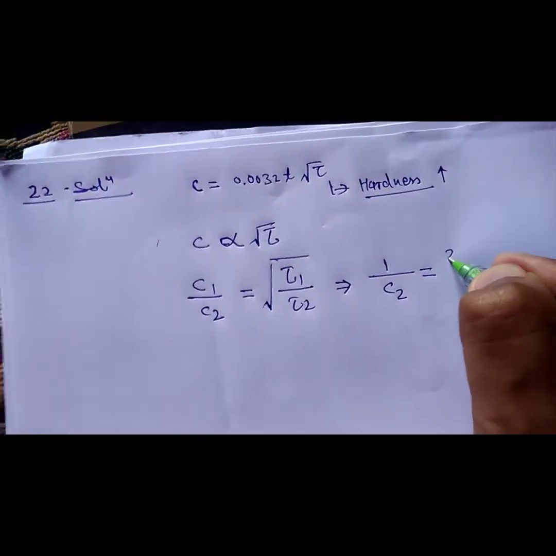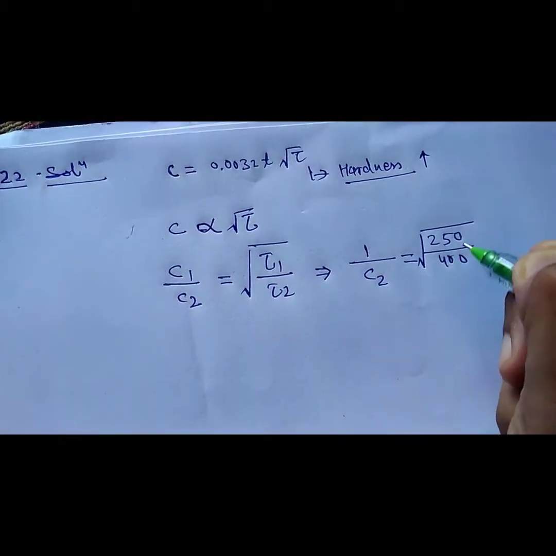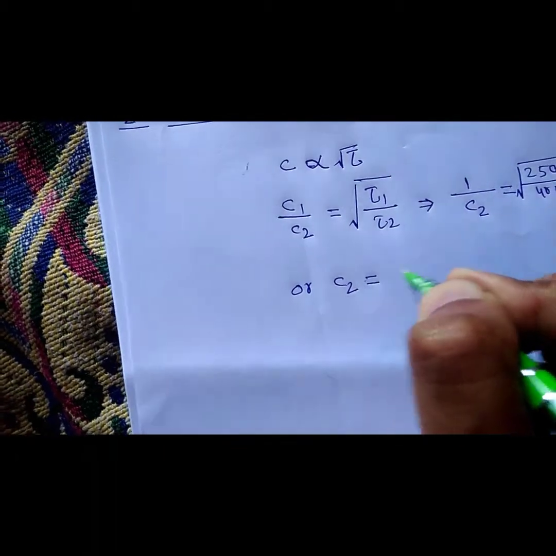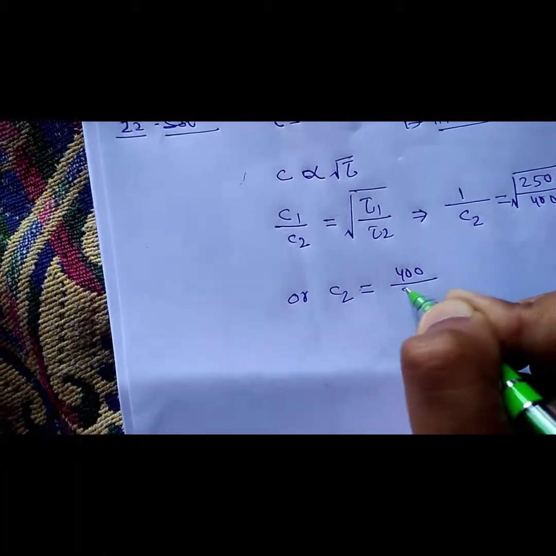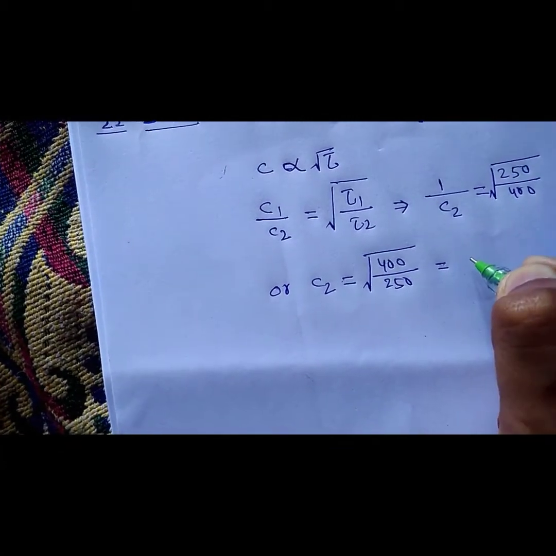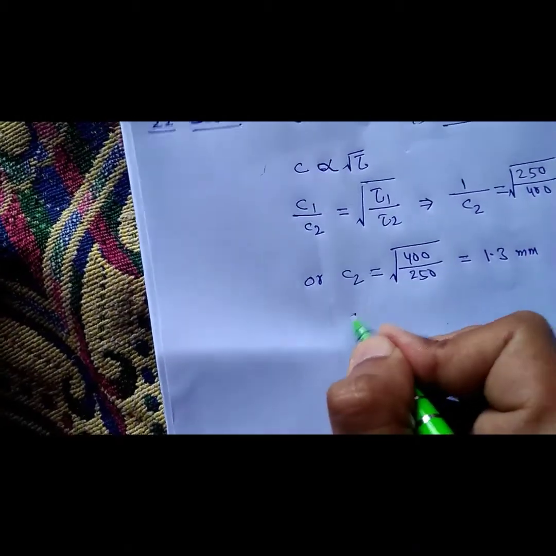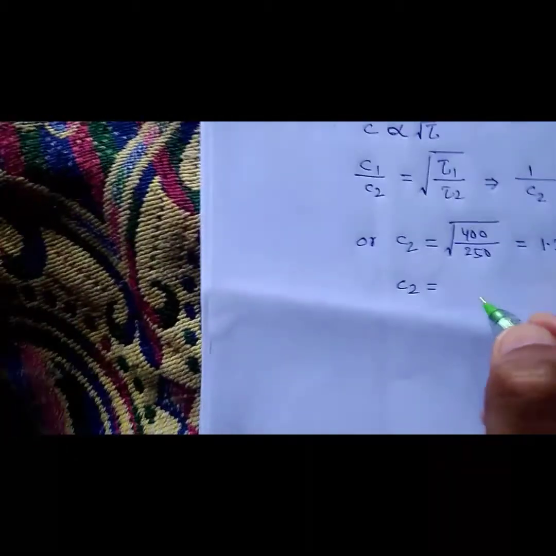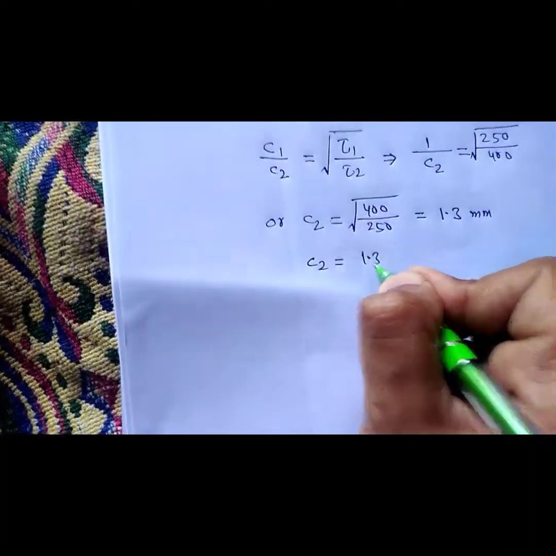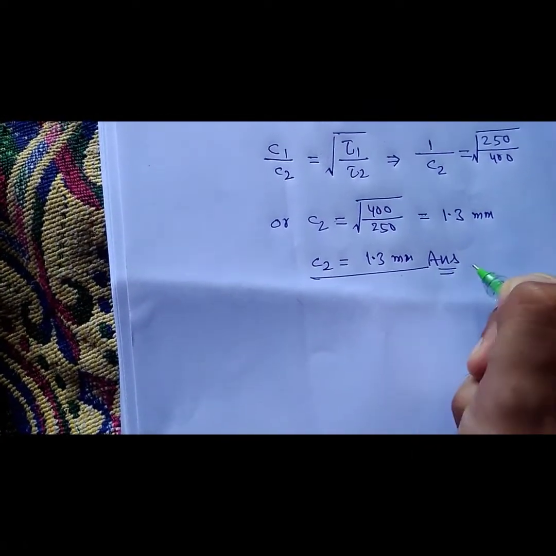So C2 will be equal to 1 mm into root of 400 upon 250. This will be equal to 1.3 mm. So the clearance of the material when hardness increases to 400 HRC is equal to 1.3 mm. So this is the final answer.